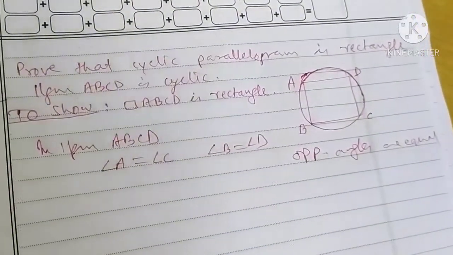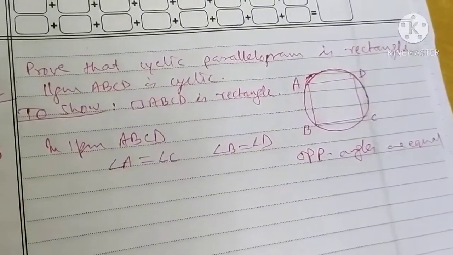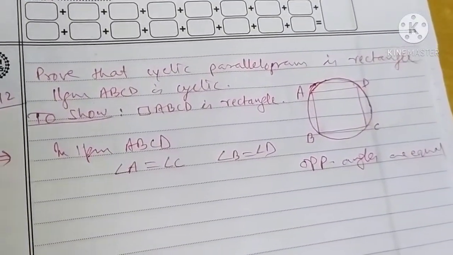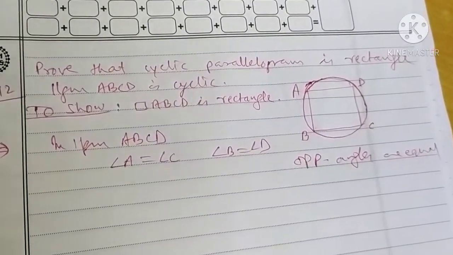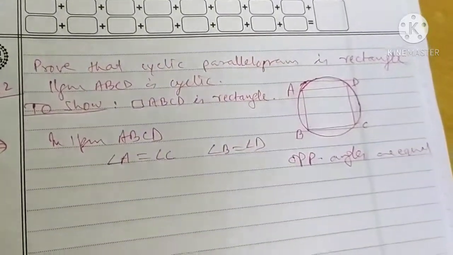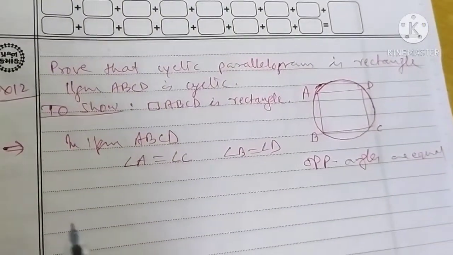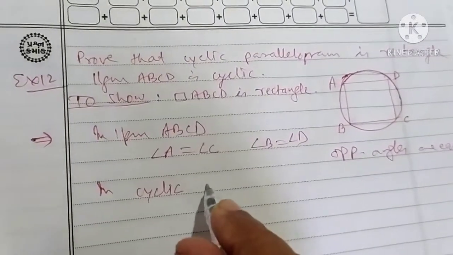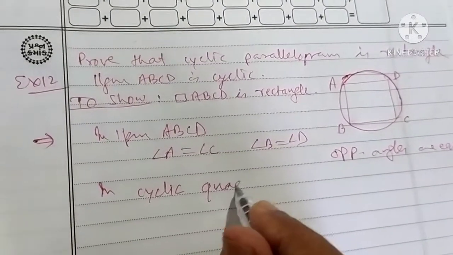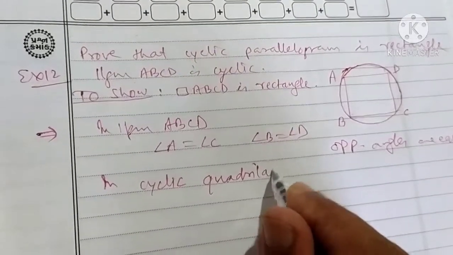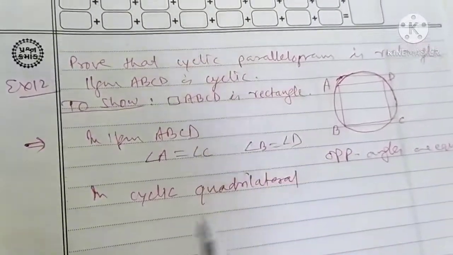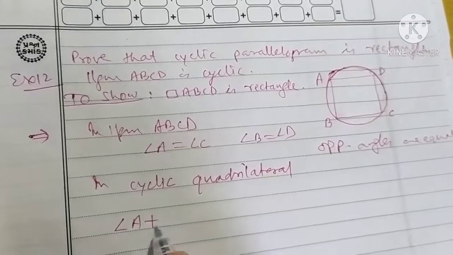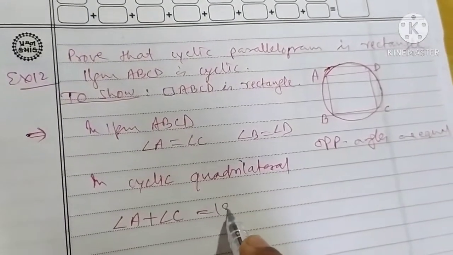And we know in a cyclic quadrilateral, the sum of opposite angles is equal to 180, or opposite angles are supplementary. So angle A plus angle C equals 180.